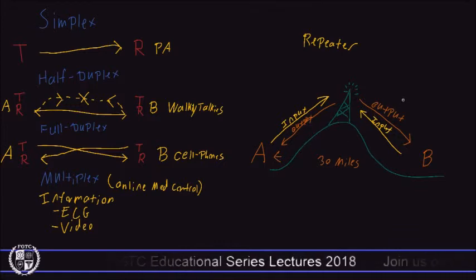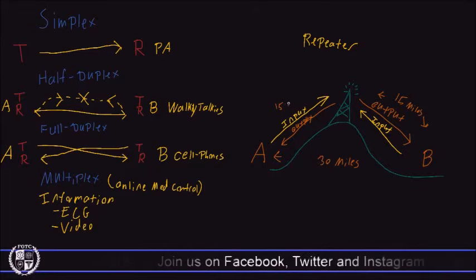This is important, especially if this person is 15 miles from this repeater, and this person is another 15 miles. This is allowing for communication over greater distances while working with the obstacles that we have.